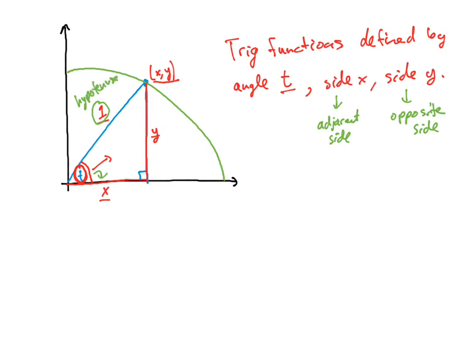There are 6 trig functions that are based on a relationship between the angle and the sides of this right triangle. Those trig functions are sine, cosine, tangent, cotangent, secant and cosecant.